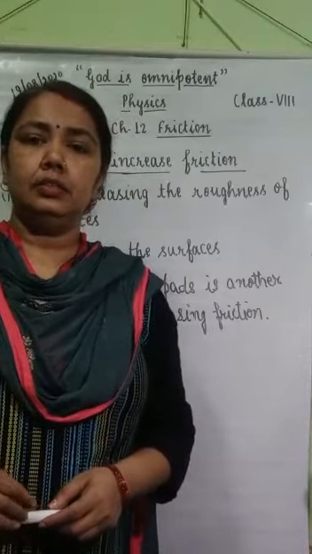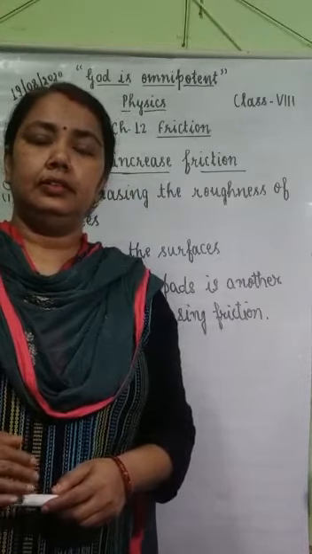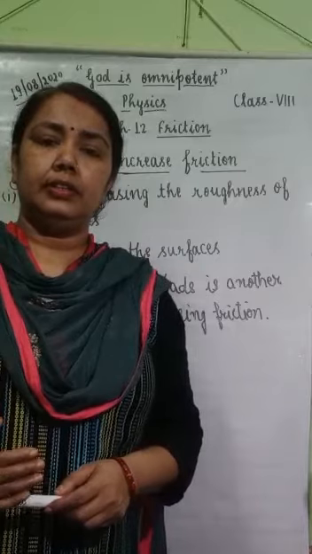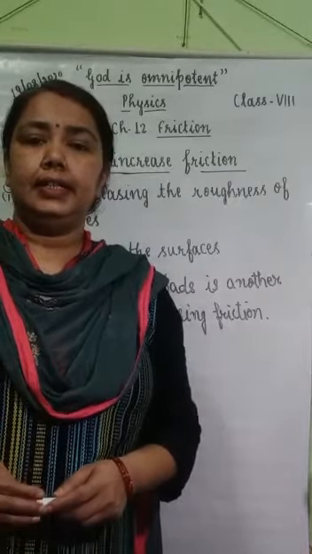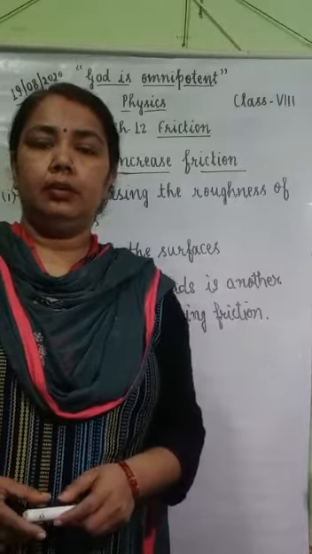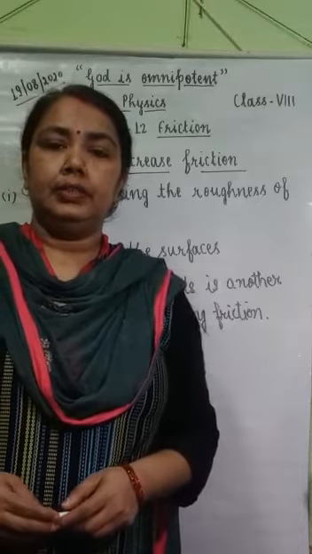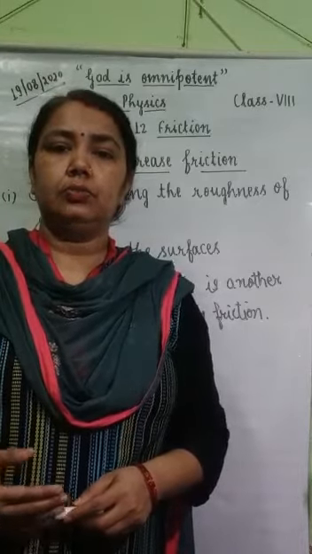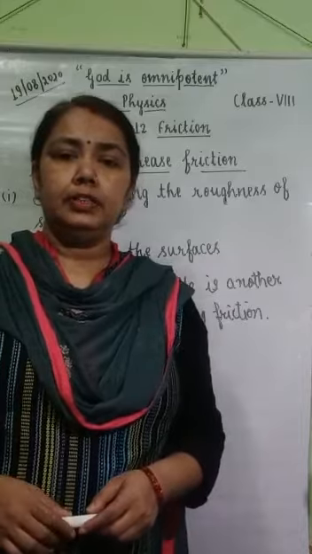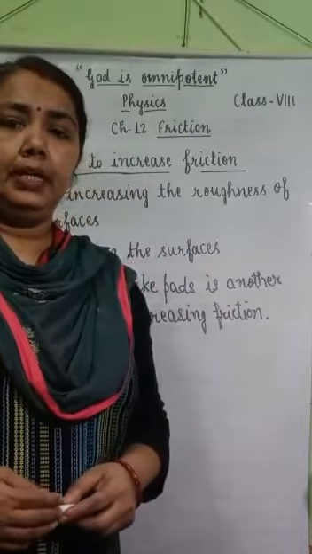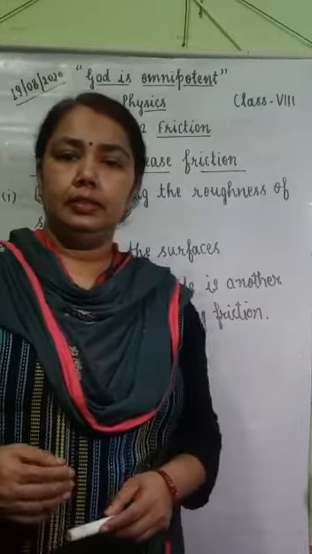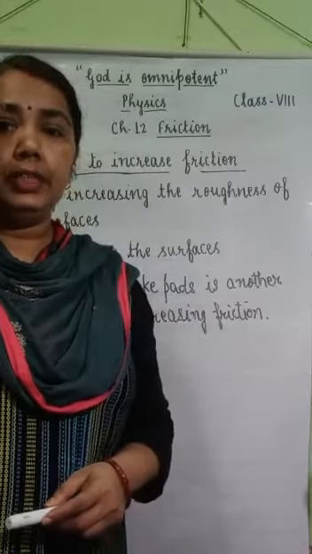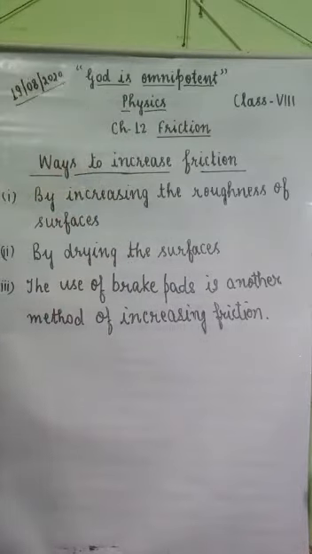Treaded tires means tires whose outer surface is grooved so that it can make a better grip on the ground and prevent skidding. Skidding means to slip. So a rough surface makes a better grip on the ground and prevents skidding. So by increasing the roughness of surfaces, we can increase friction.